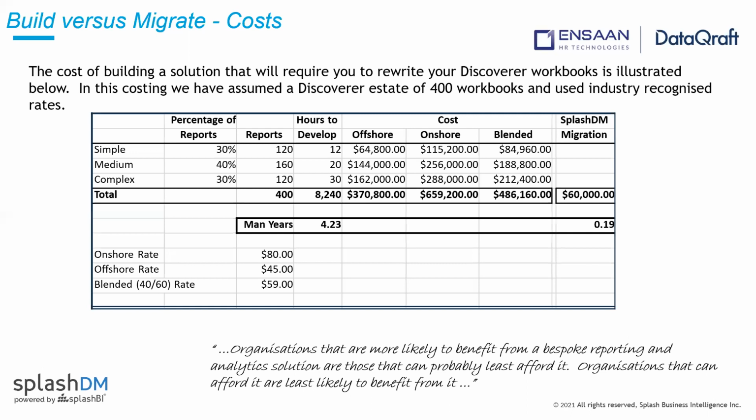Whereas an organization that can afford it is least likely to actually benefit from it, because their users know what they want, they know what they're doing, and they know how to use their data. So having something purpose built for them, it's the old 80-20 rule. It won't necessarily give them everything that they want.